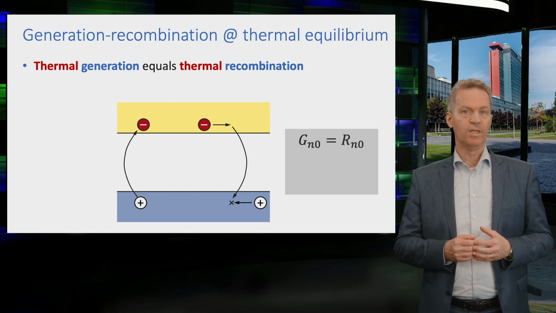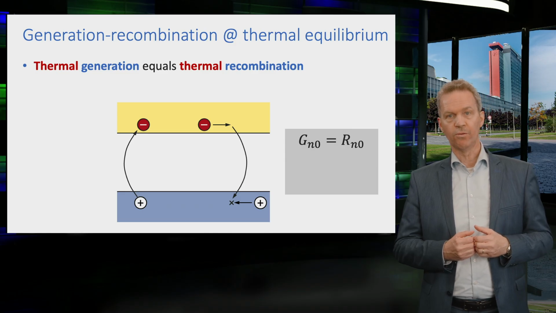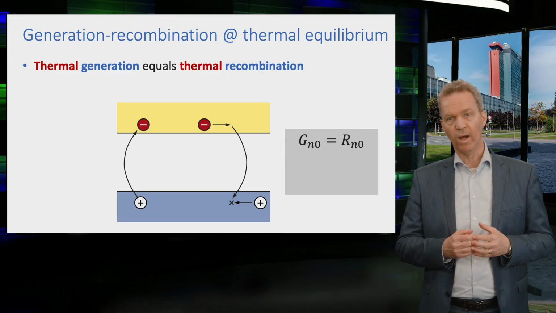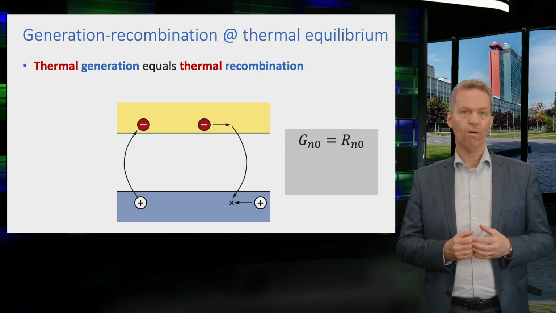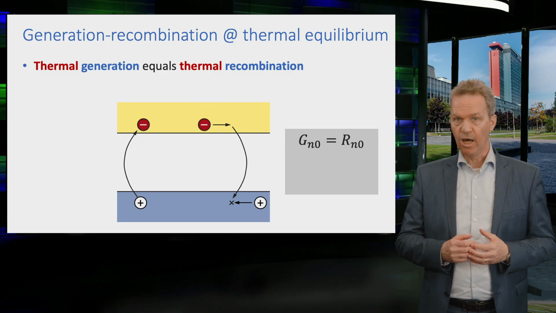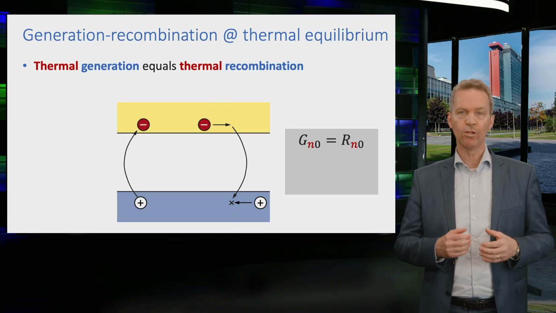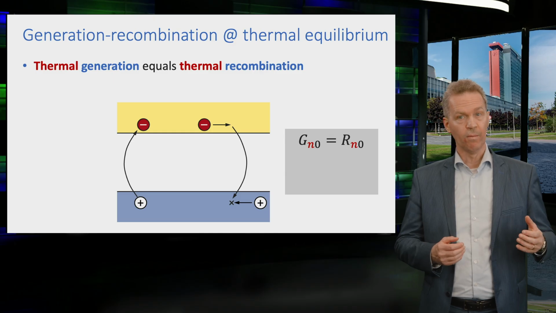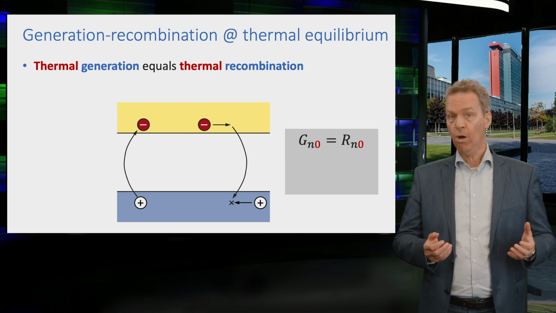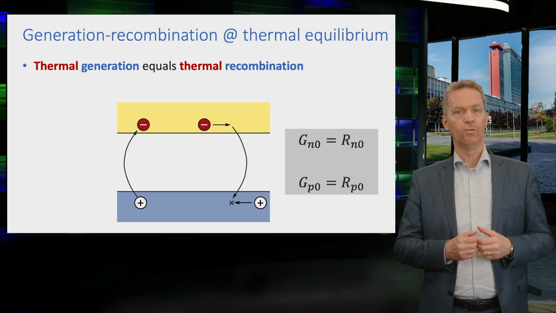This implies that the generation rate G, that expresses the increase in charge carrier concentration per unit of time, equals the recombination rate R, which is the reduction of the charge carrier concentration per unit of time. In this slide, the subscript N refers to the generation and recombination of electrons, and the subscript 0 to the situation in thermal equilibrium. For holes, the situation is the same, where the subscript P refers to holes.